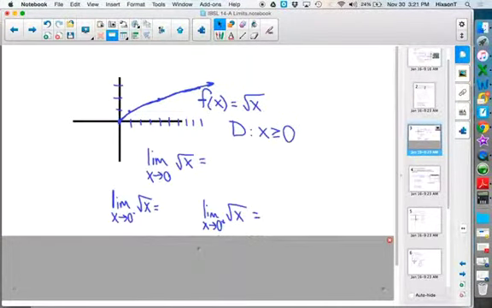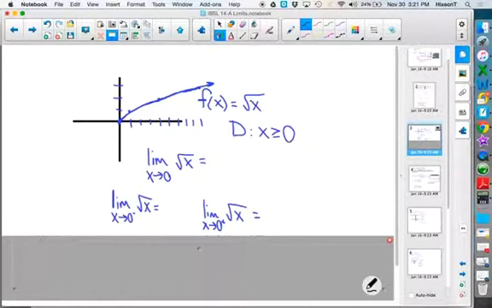Here's our parent function, square root of x. Okay? As I come from the right side here, what value is my function approaching? 0. Okay? So my right-hand limit of the square root of x as x approaches 0 is 0.